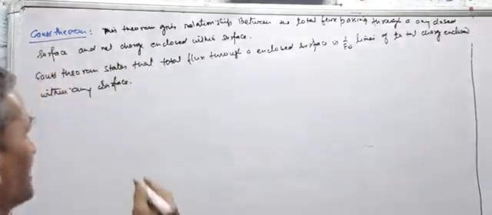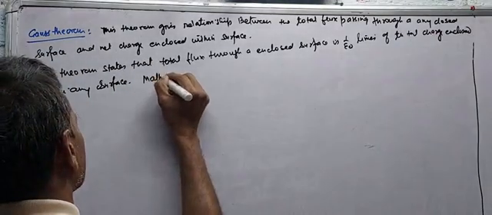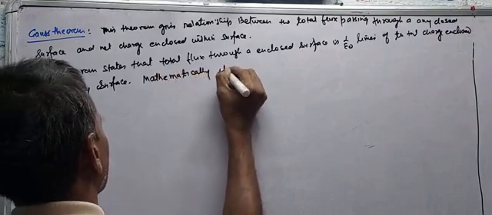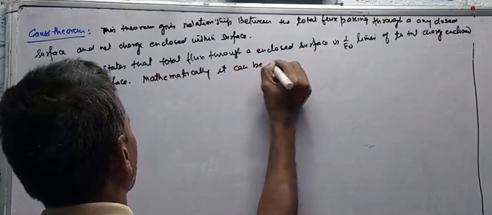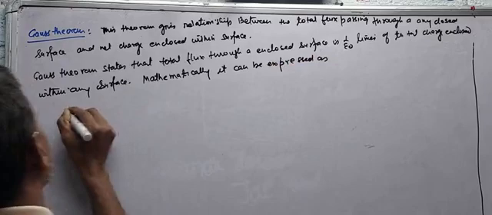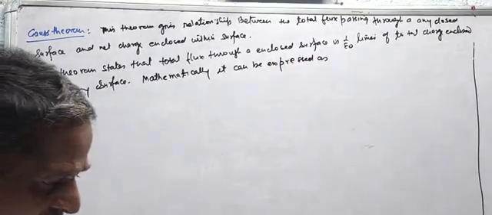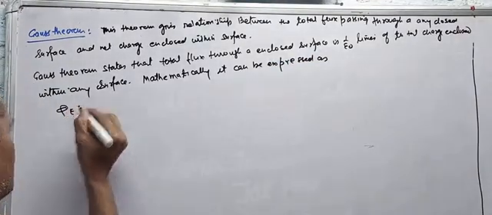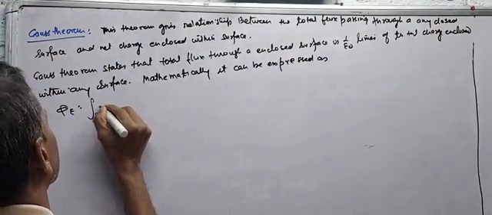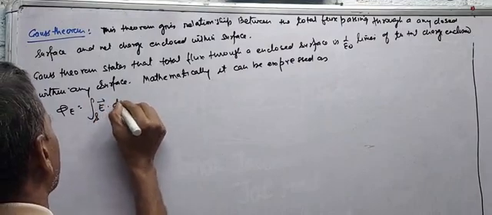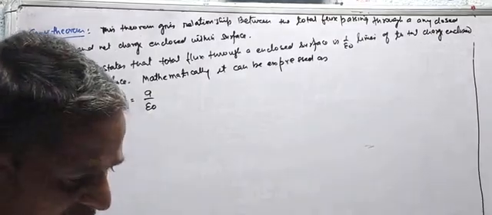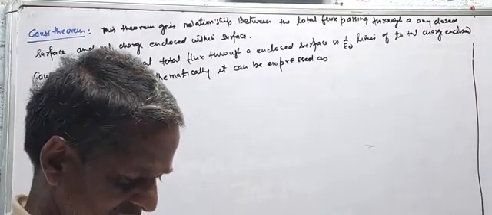Mathematically, it can be expressed as phi E equal to surface integral E vector dot dS vector equal to q upon epsilon naught. Proof.